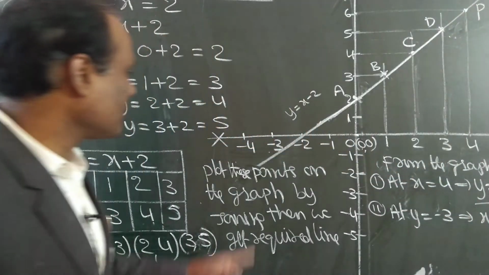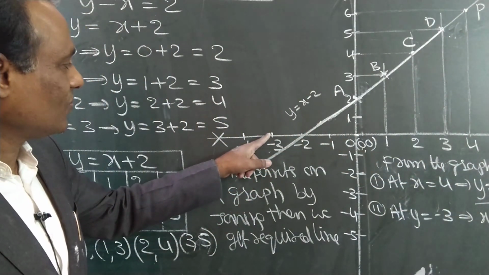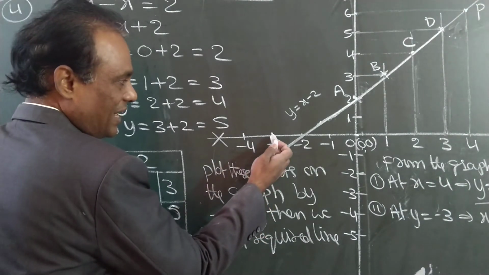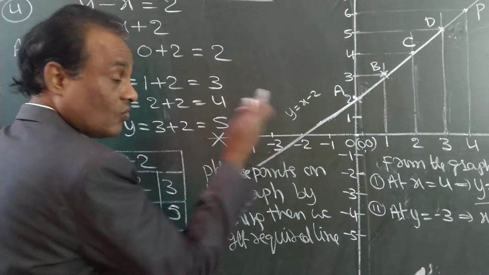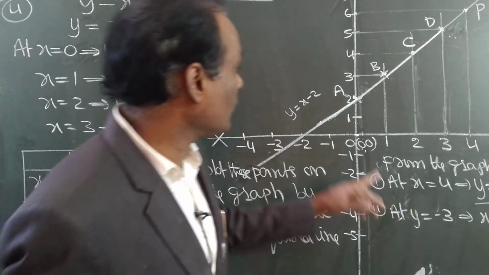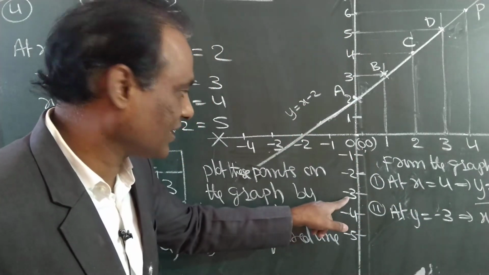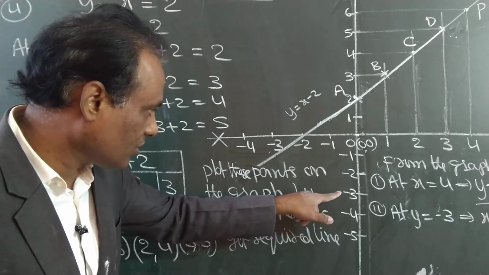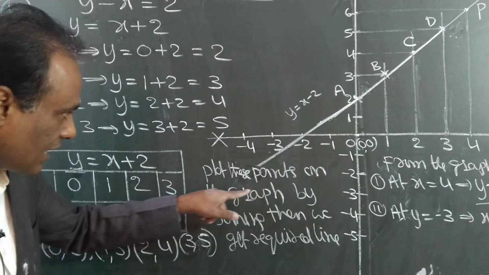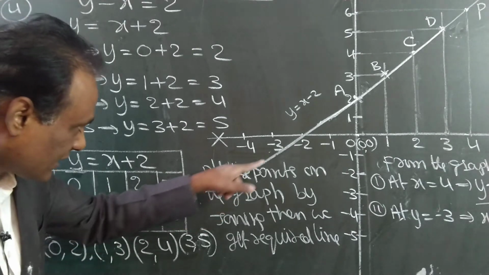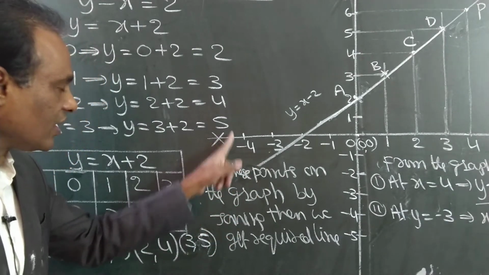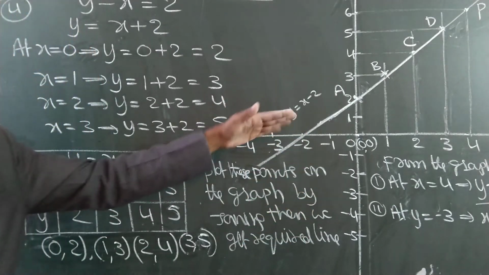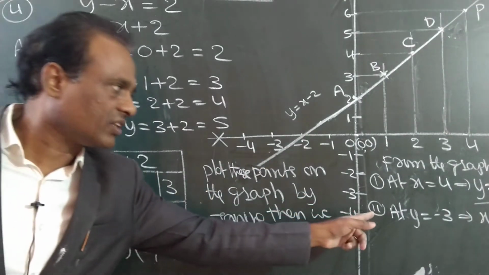See, y is equal to minus 3. So y value minus 3 means you draw the horizontal line and where it is cutting this line, that x value you will get. First you copy it, then after that I will rub this and extend this line, and I will answer the second question.